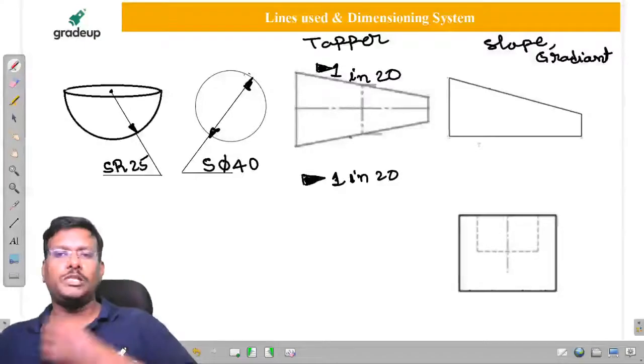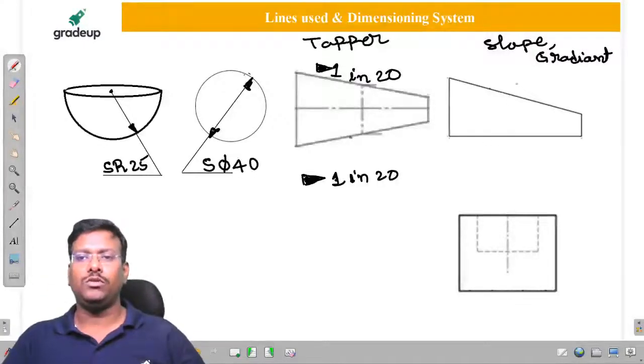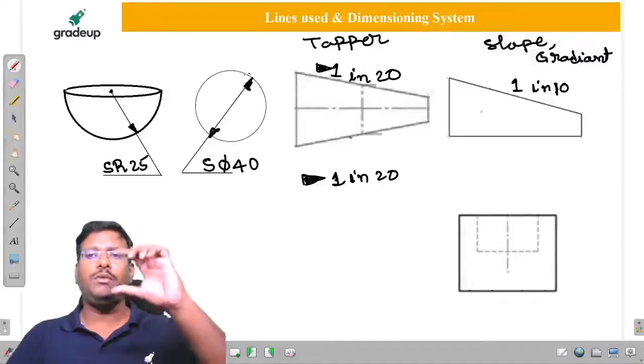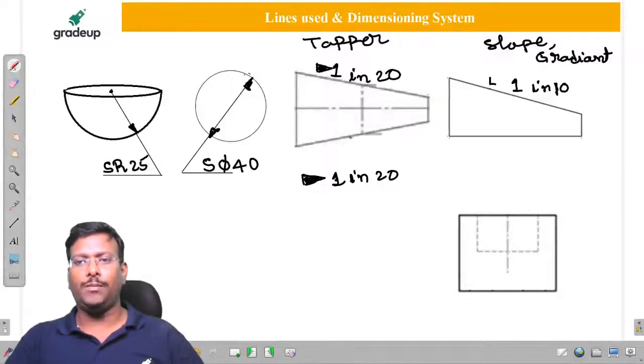What about the slope, sir? Here also, let us consider 1 in 10. So if you move 10 mm, 1 mm is the reduction. So we have to represent it as a right angle triangle. So remember, for representing the gradient or slope, we are going to use a right angle triangle. So is filling necessary?